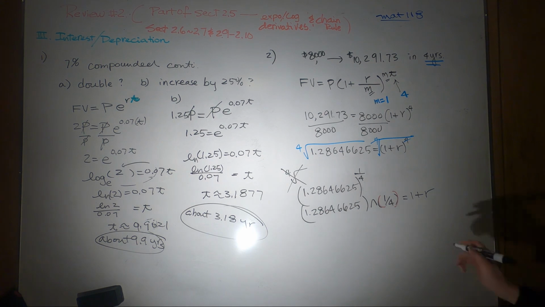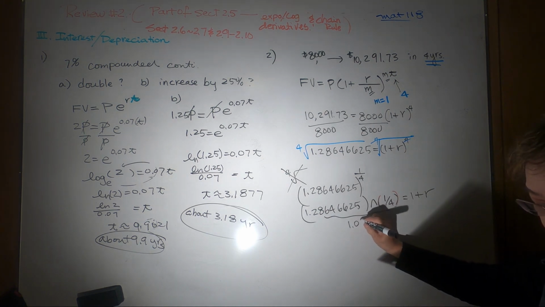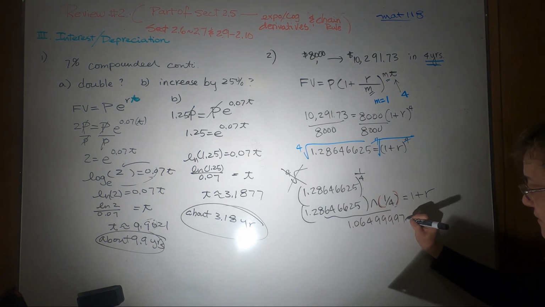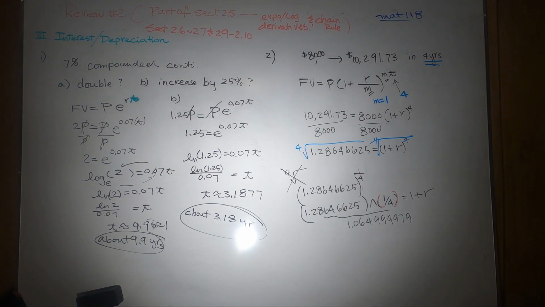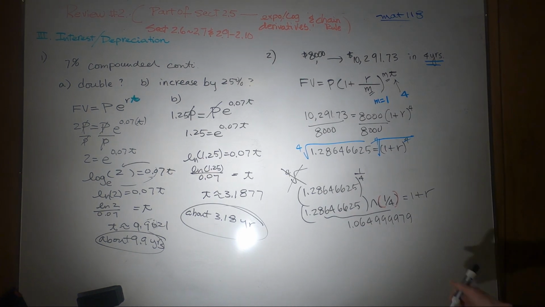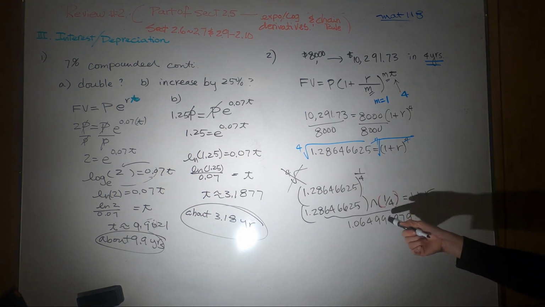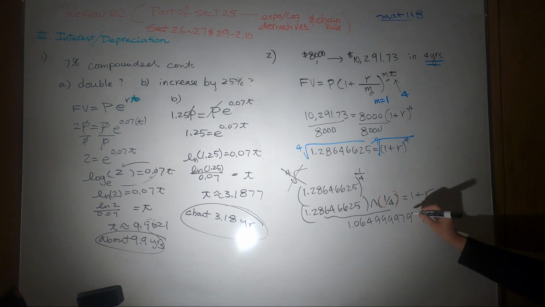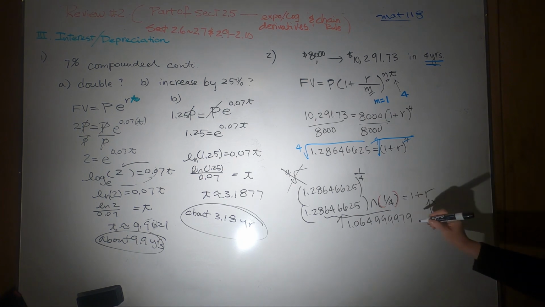Okay? Then you will find this number should be 1.0649999979. You better do it yourself. Okay? Because for the exam, I will not tell you the answer. You actually have to punch it in, right? So minus 1, so this is this. Then your R would be what? This number minus 1.